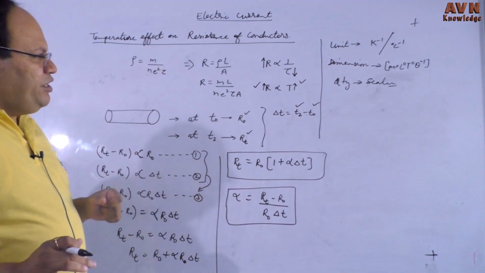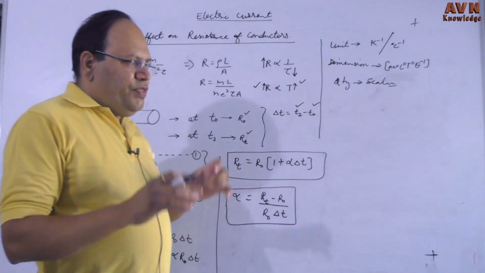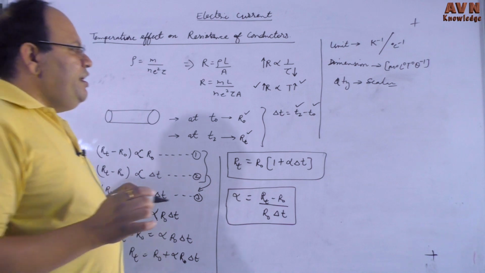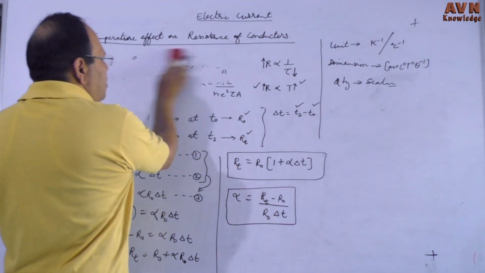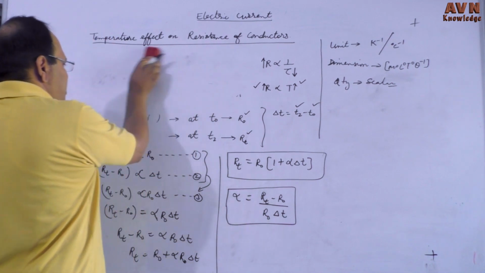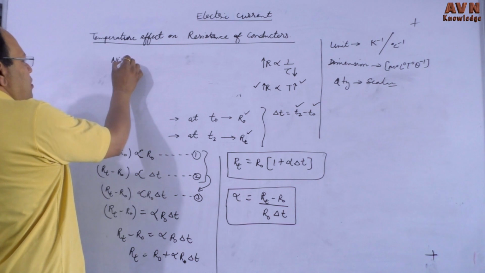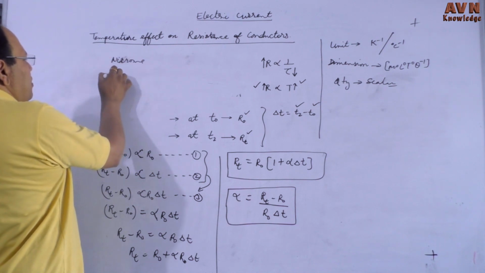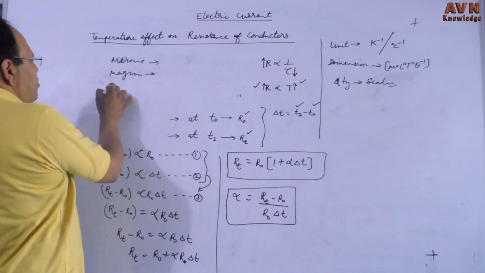The temperature coefficient varies across metals. Take some examples, just like nichrome, manganese, and constantan.